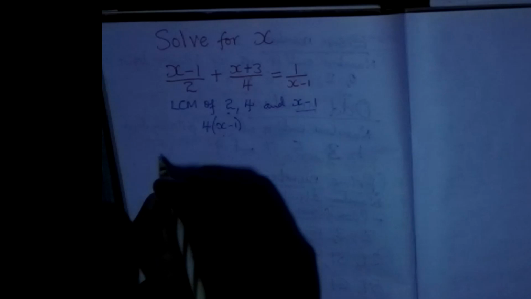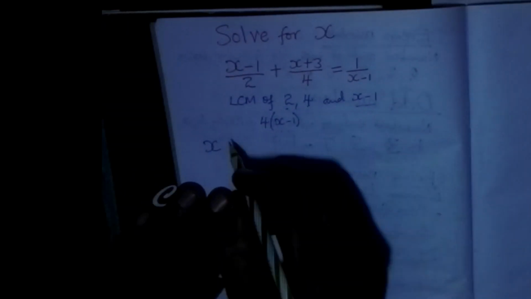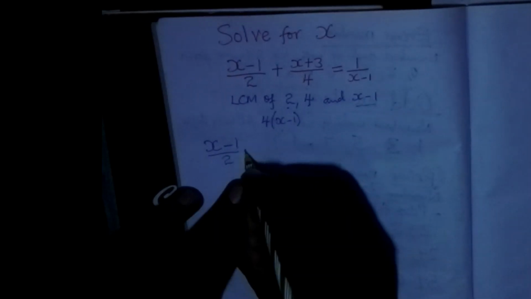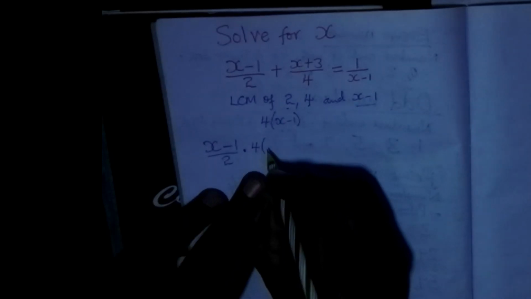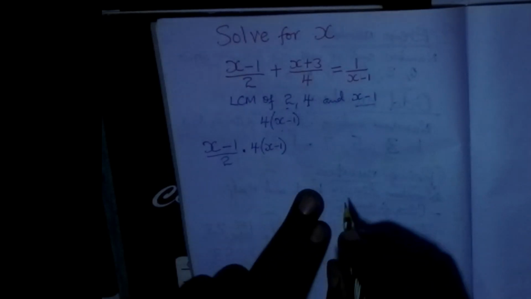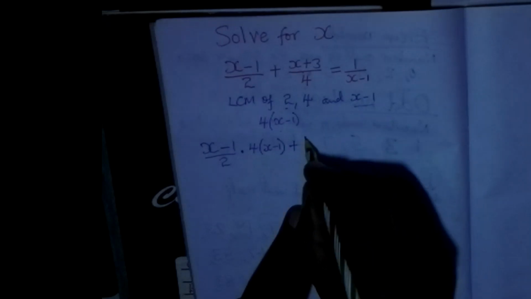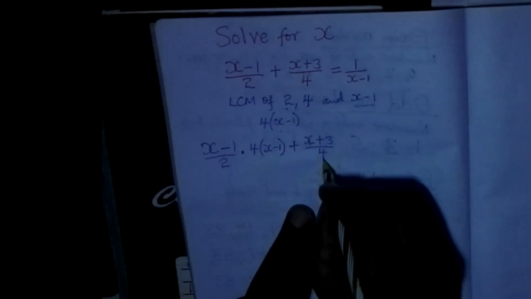So we have (x minus 1) all over 2. We multiply by 4 times (x minus 1) in bracket. Again plus, we have the other term, which is (x plus 3) all over 4.